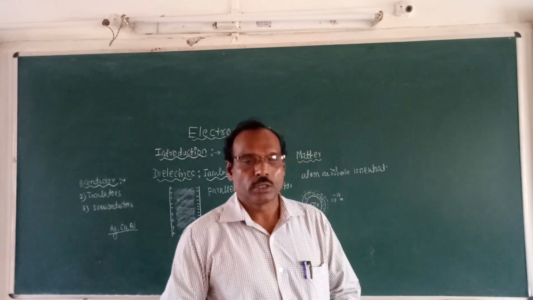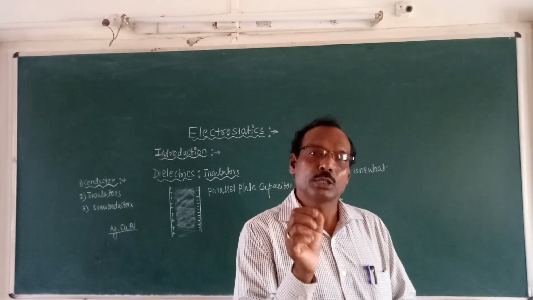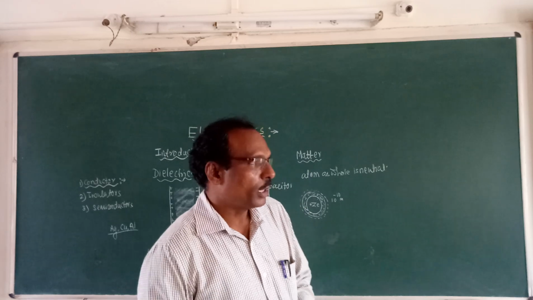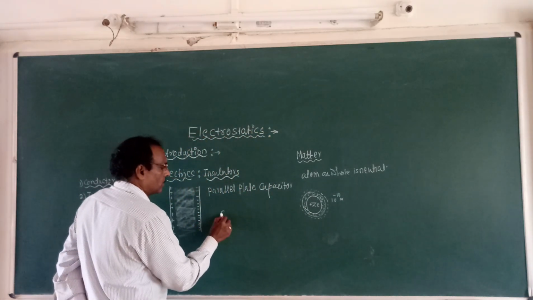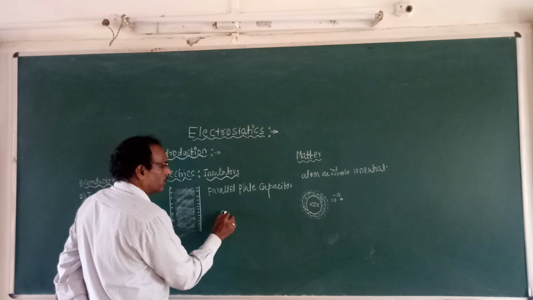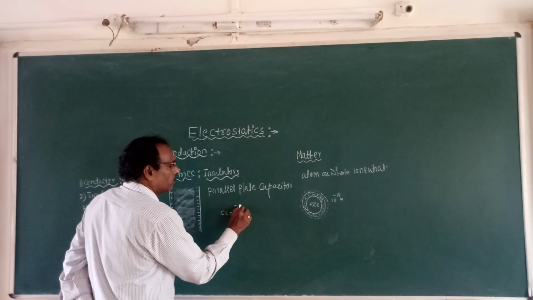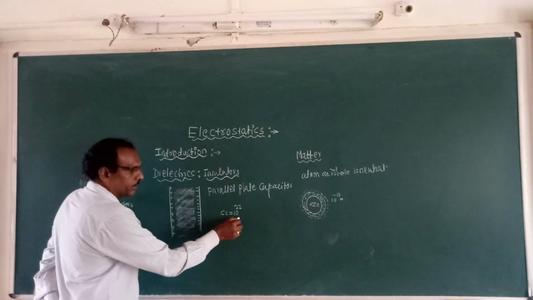On an average, one atom will have at least one free electron. In 1 cubic centimeter, that is per unit volume, the number of atoms is almost 10 to the power 22.